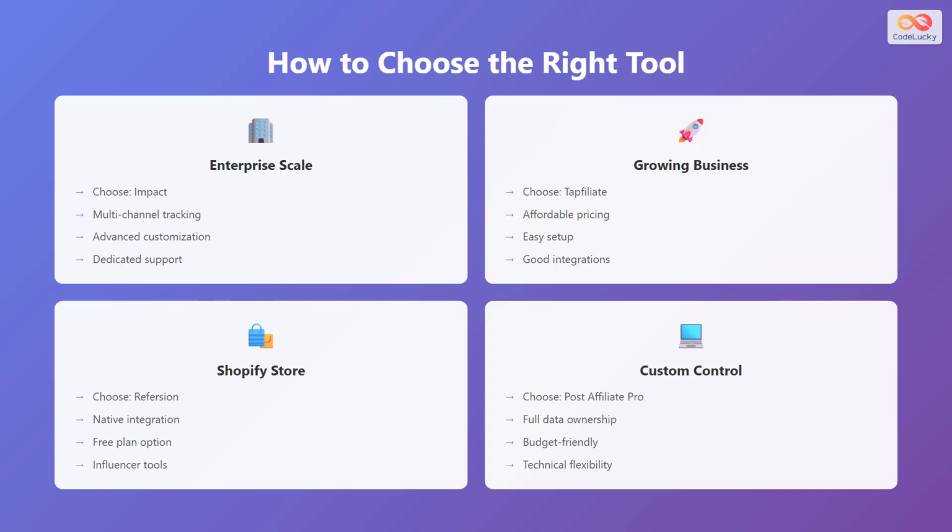If you need complete control over your data and budget is a concern, choose Post-Affiliate Pro for full data ownership, budget-friendly pricing, and technical flexibility. For high-volume networks needing advanced tracking, select Trackier or Reditus based on whether you prioritize fraud detection or partner network management.